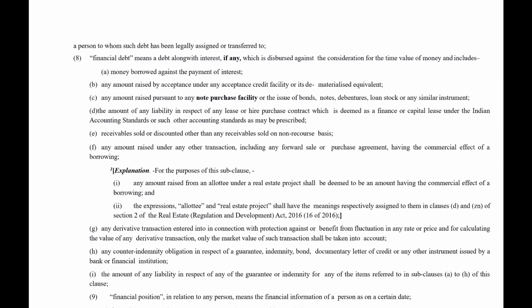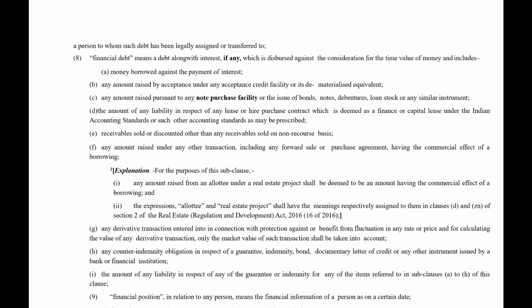But if you are getting it discounted with a condition that okay, if ultimately the person doesn't pay, then I am responsible and you are not responsible, so that is the concept of recourse. So if any receivables are sold or discounted other than any receivables sold on non-recourse basis, this is something similar to the concept of factoring or bill discounting.